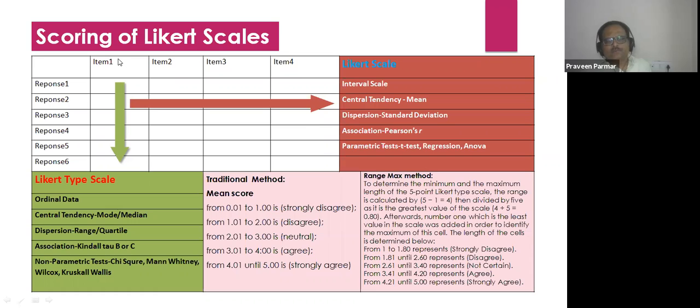When we write some item, we use some scale of ordinal data like strongly disagree, disagree, not certain, agree, and strongly agree. This type of ordinal data we take. Suppose you have one question that you are asking on a Likert type 5-point scale, and you are getting responses from respondents 1, 2, 3, 4.